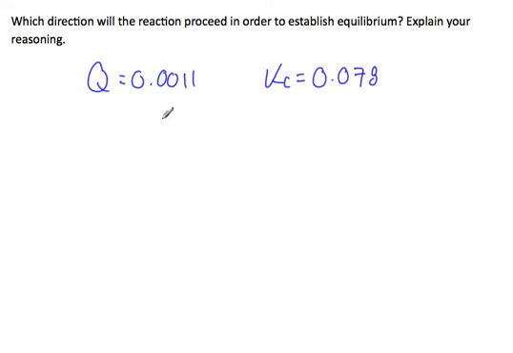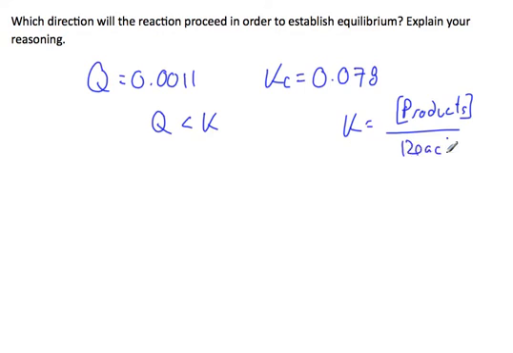Okay, so we already said that Q was less than K. So how do we increase the value of Q? Well, remember, Q equals products over reactants. And so to make Q bigger, we have to make products bigger. We have to make the numerator bigger.